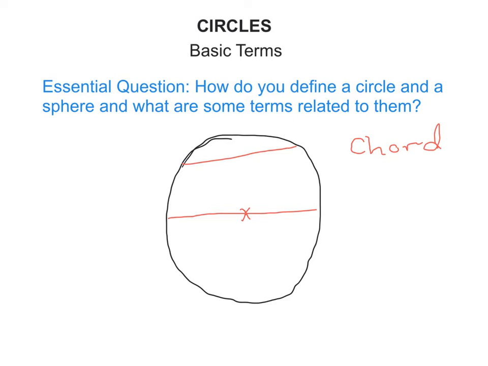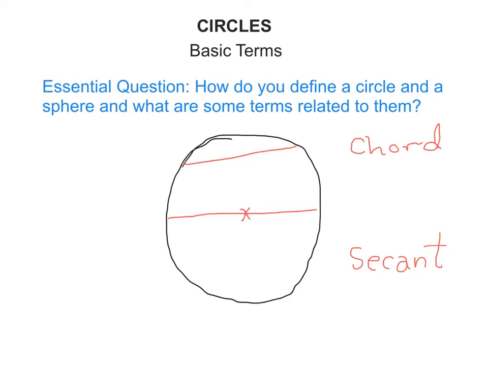Now, the next thing we're going to talk about is a secant. Those of you that are a little familiar with trigonometry might think of the trig function called secant, but this is something totally different. A secant is a line that contains a chord.